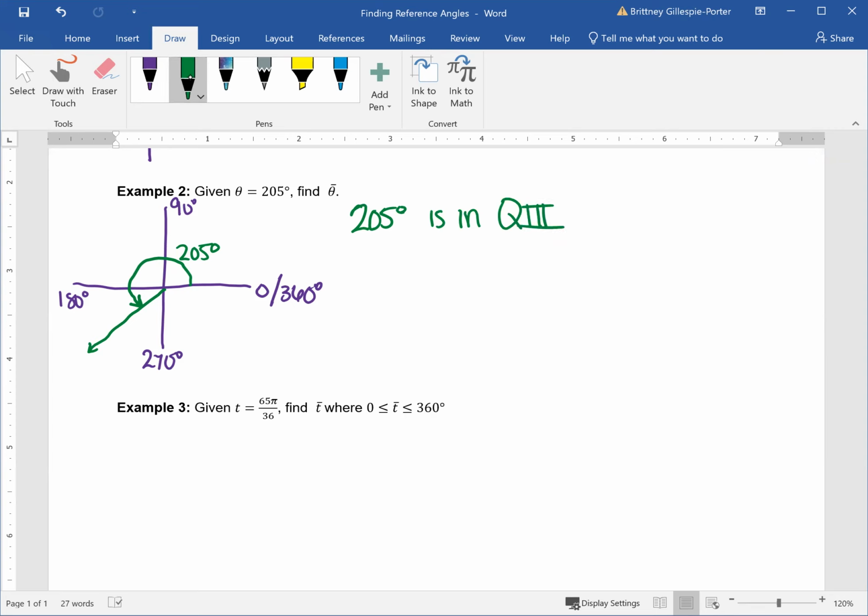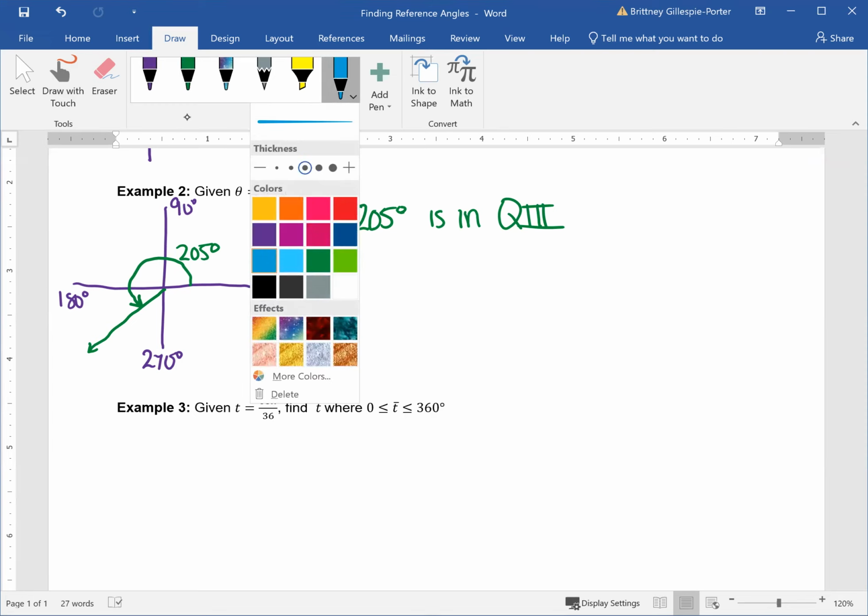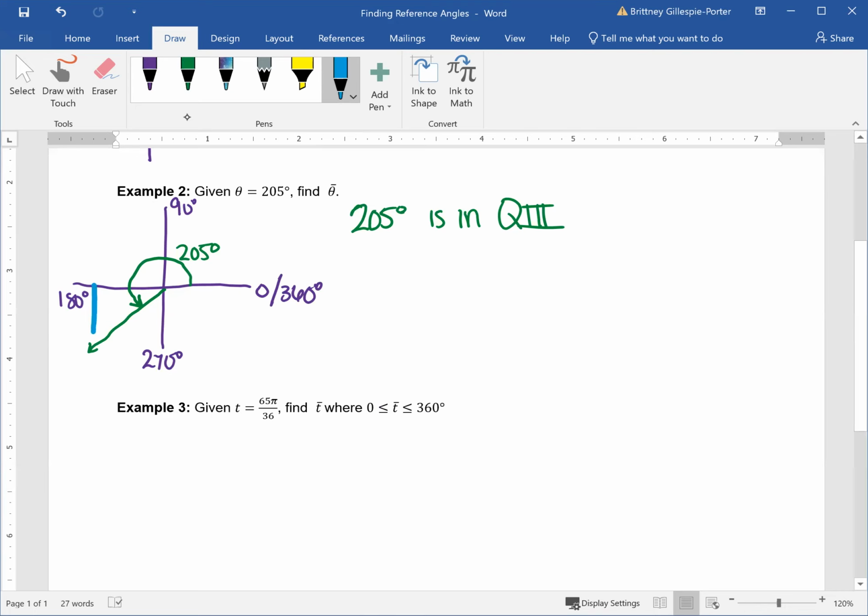To find our reference angle, remember, this is the angle that will get us to the x-axis. So we want to know the angle within this little triangle here. That means to find our reference angle, we need to take our 205 and figure out how much we went over the x-axis by.